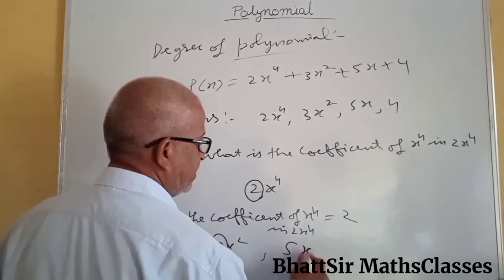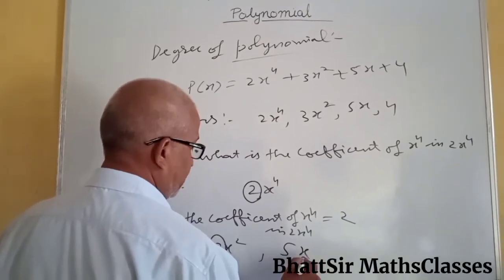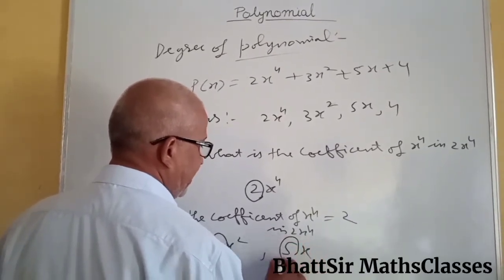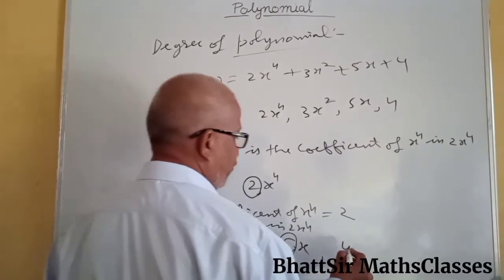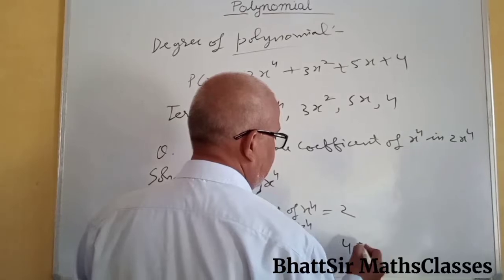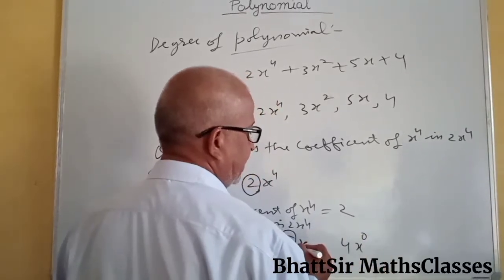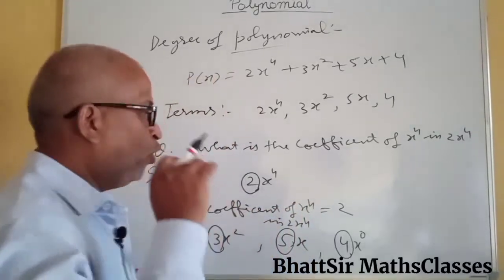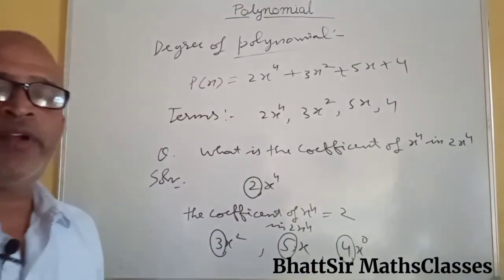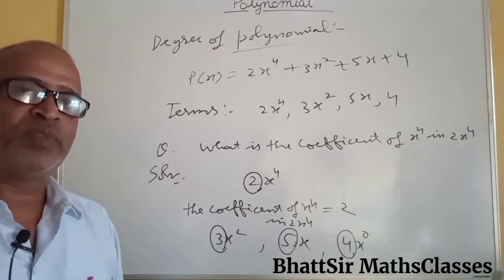Similarly 5x, the coefficient of x is 5, and 4, the coefficient of x^0 is 4. In this way we can find the coefficient.